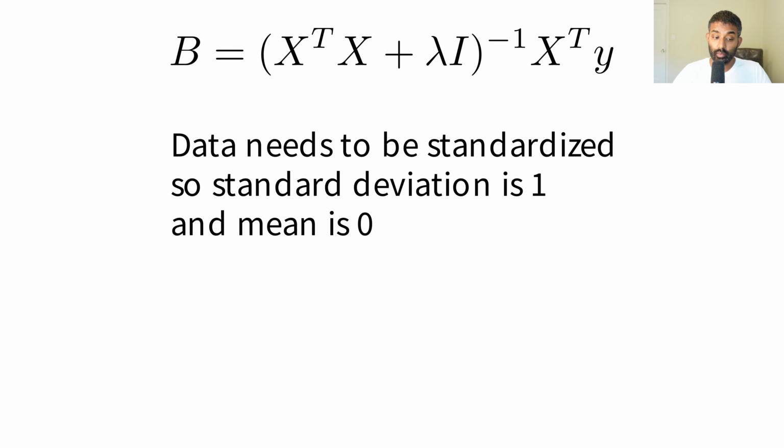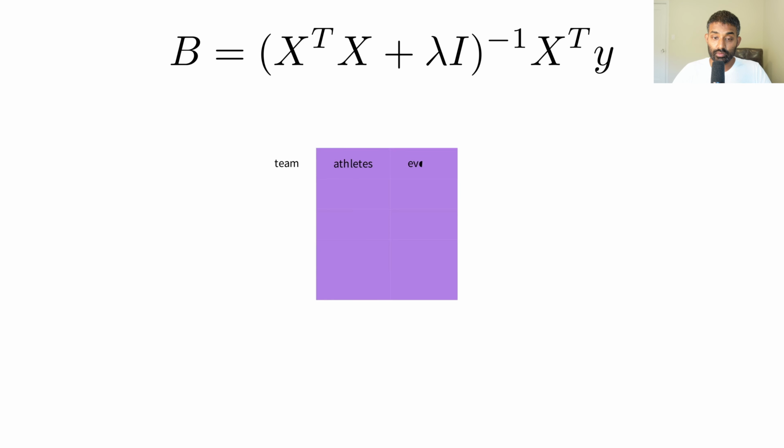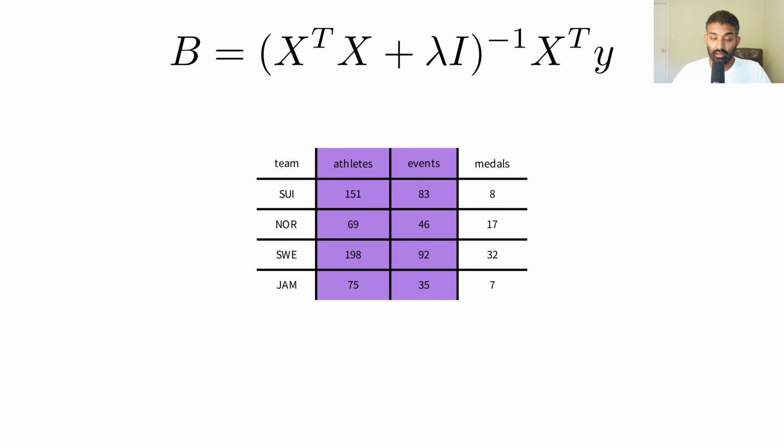And there's one thing we need to do before we just solve for this equation. We actually need to standardize our data. And what that means is we need to set the standard deviation of our data to 1 and the mean to 0. And we do that by subtracting the mean from each column and dividing each column by the standard deviation. And the reason we do this is if we take a look at athletes and events and we look at these values, we can see they're quite large, right?